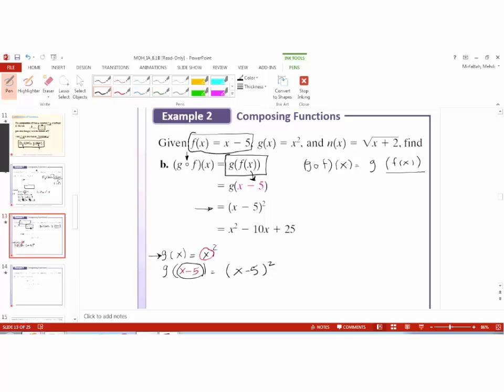Alton Sue says, why not x squared minus 5? Okay, the question is why not x squared minus 5? Okay, so you would do this if g of x were equal to x squared minus 5.